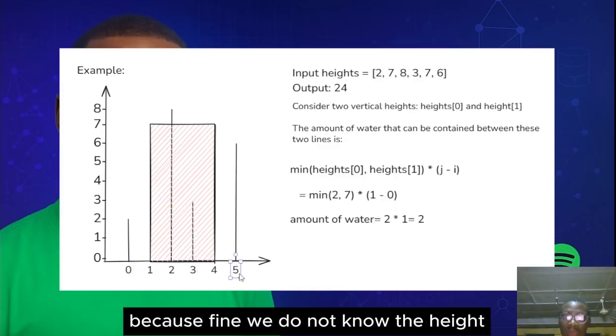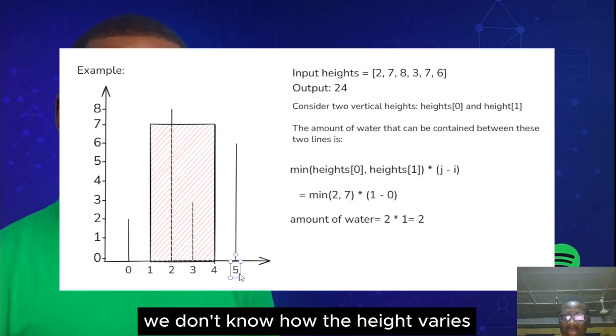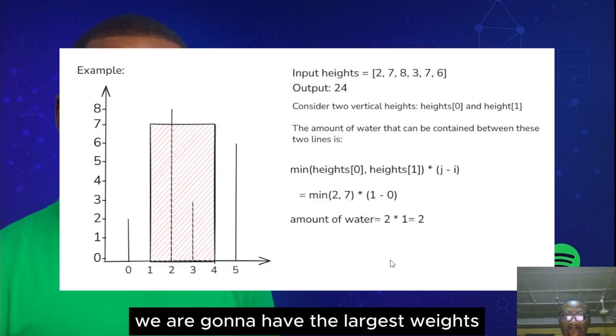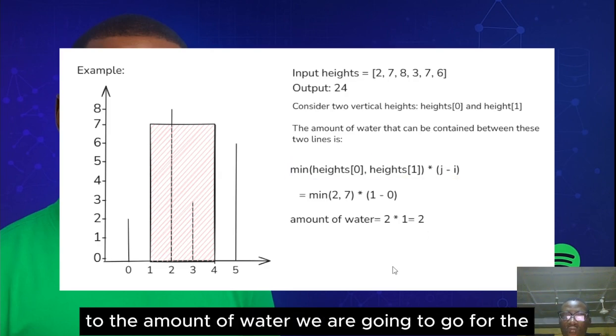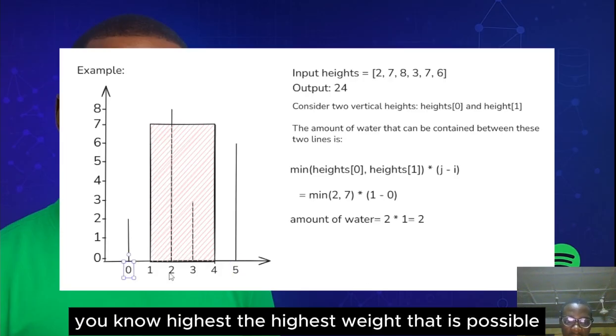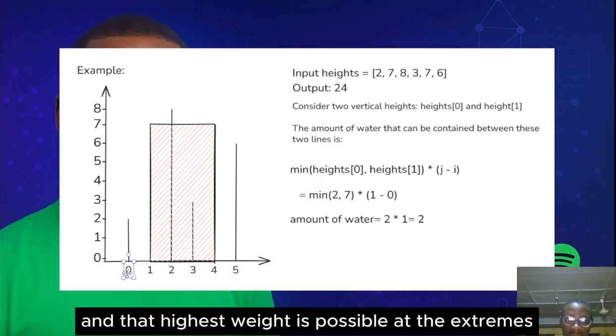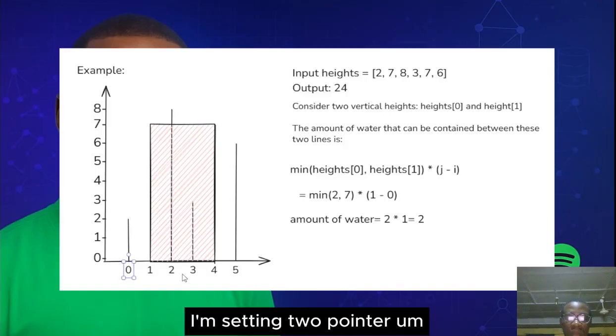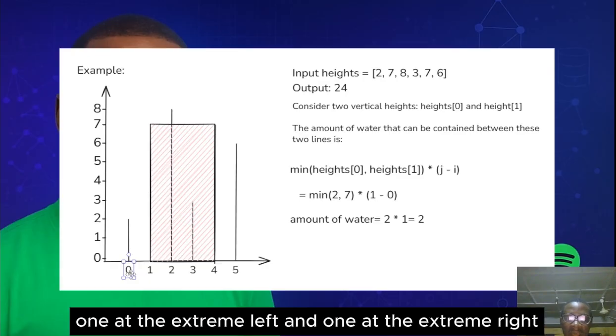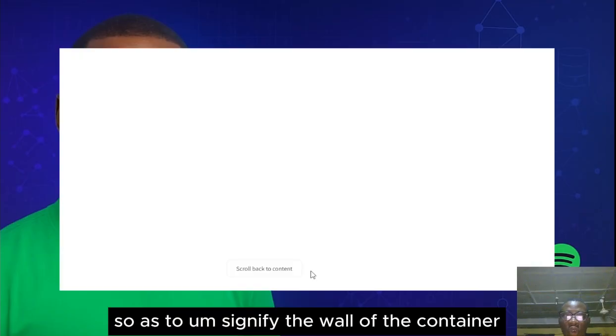Because we don't know how the heights vary with respect to each other, but we know that at the two extremes we are going to have the largest width, and because the width also contributes to the amount of water, we are going to go for the highest width that is possible, and that highest width is possible at the extremes. So we are going to be setting 2 pointers, one at the extreme left and one at the extreme right, to signify the walls of the container.